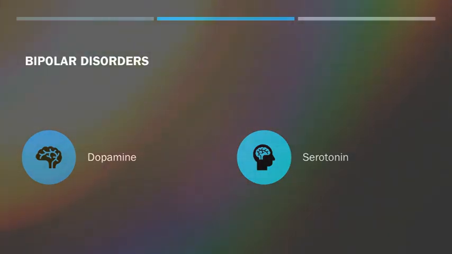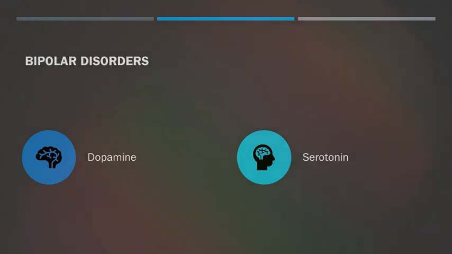Now, as far as the treatment with these various disorders, because they all seem to impact upon that fear approach system, there seem to be two primary ways to deal with these.